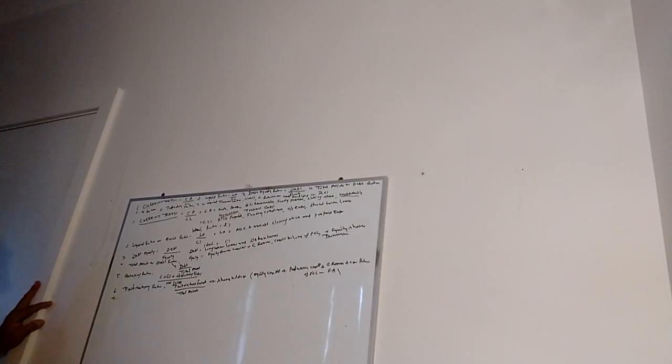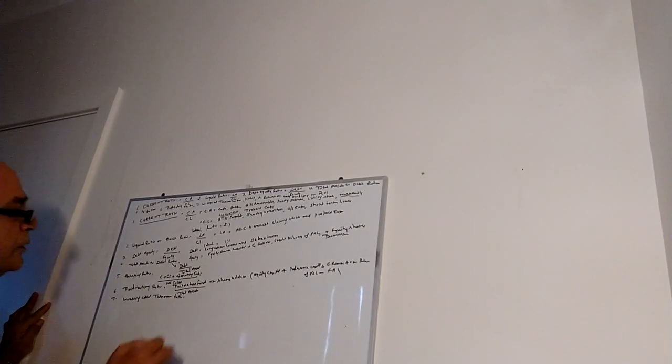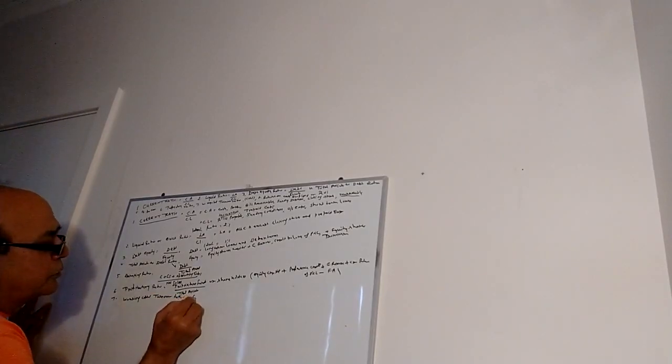Then seventh is working capital turnover ratio. So here we use cost of goods sold upon working capital.